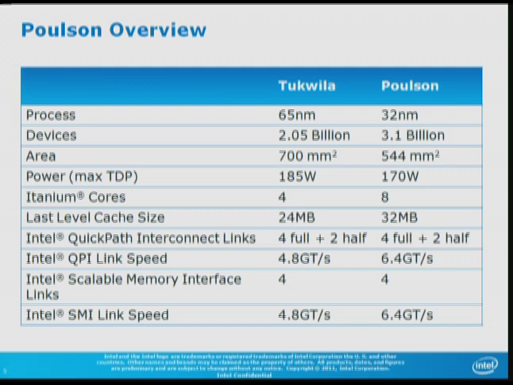Our last level cache size is increased from 24 megabytes up to 32 megabytes of last level cache. Now, while the number of quick path links hasn't changed between Tukwila and Poulson, we have increased its bandwidth from 4.8 to 6.4 gigatransfers per second, as did the SMI link, which is our high-speed link to DRAM.